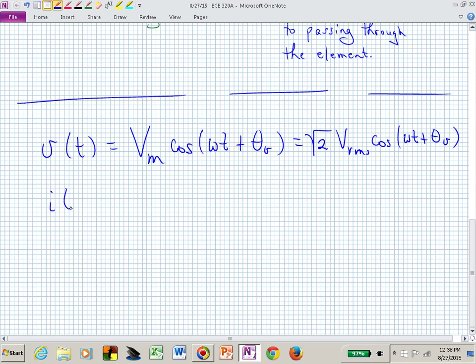And let's say that i of t is I sub m cosine omega t plus theta sub i, and that likewise can be referred to as square root of 2 I RMS cosine omega t plus theta sub i.